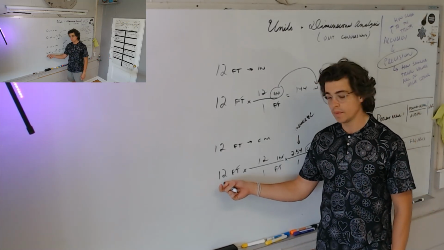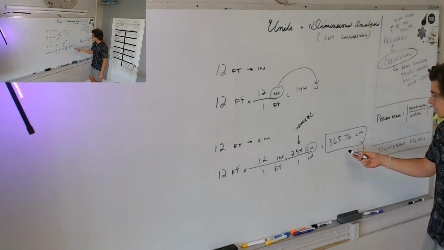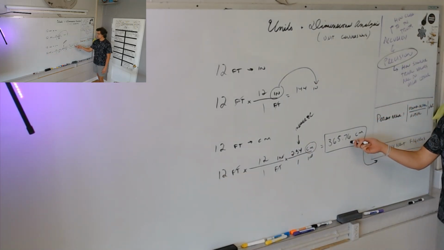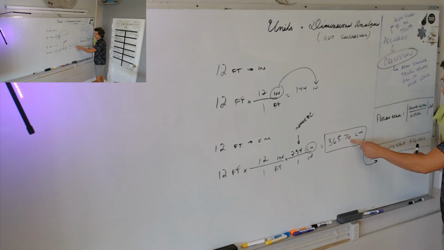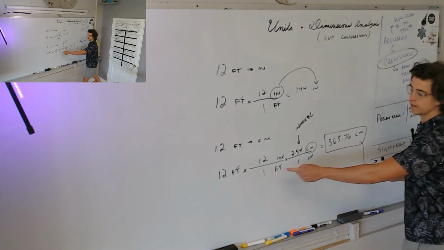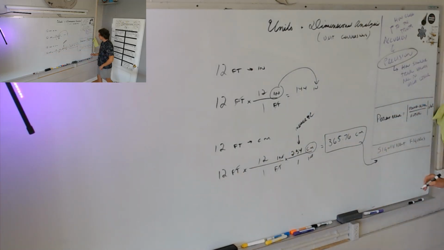Well, if we're only measuring to the nearest foot, we would have rounded that to 12 feet, right? And so then to have this answer of 365.76 centimeters is false precision. It's implying that we measured to the nearest tenth of a millimeter, when in reality, we only measured to the nearest foot. So we want to break this down so they have the same level of significant figures.